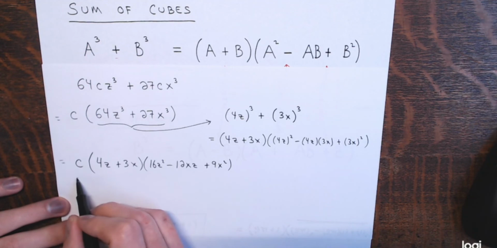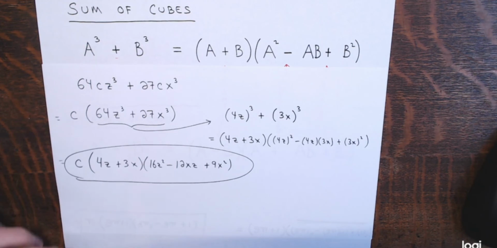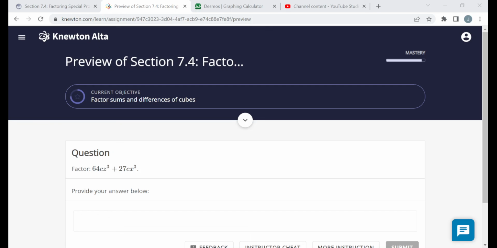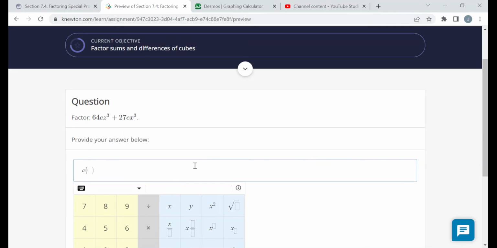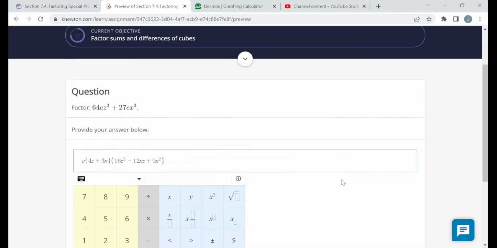And there you go. That's what they're asking us for here, the factorization. So c times 4z plus 3x times 16z squared minus 12xz, plus 9x squared. And that should be good.